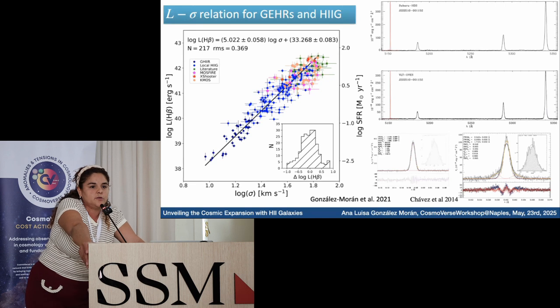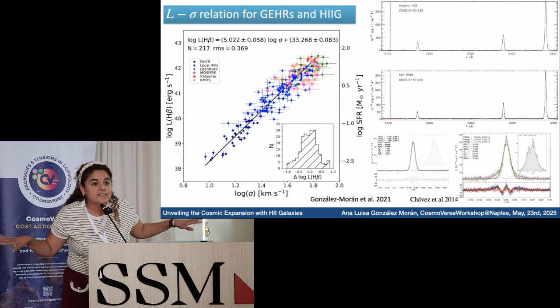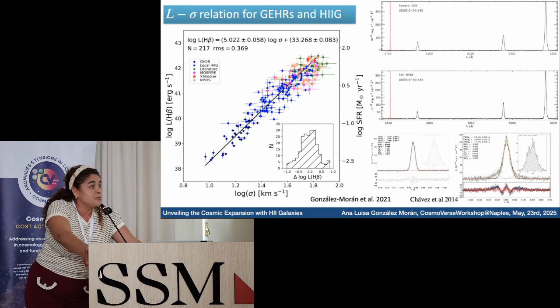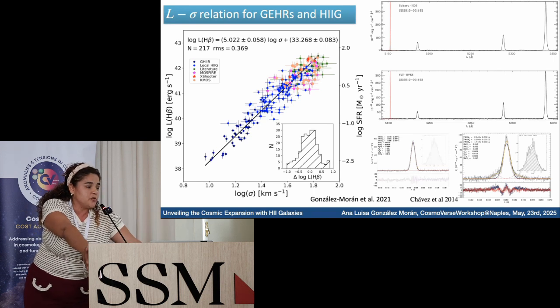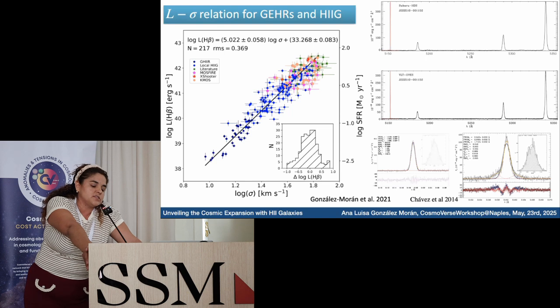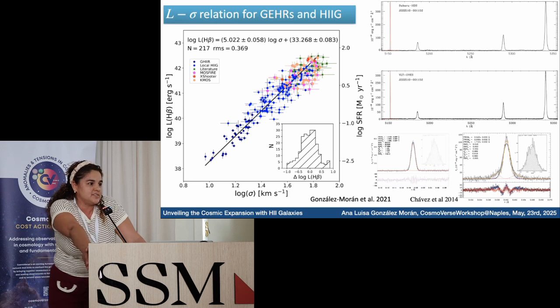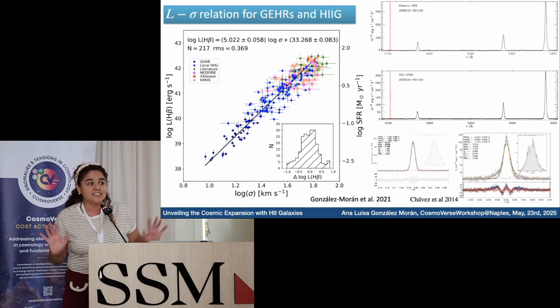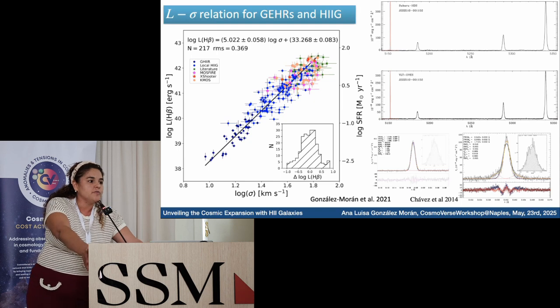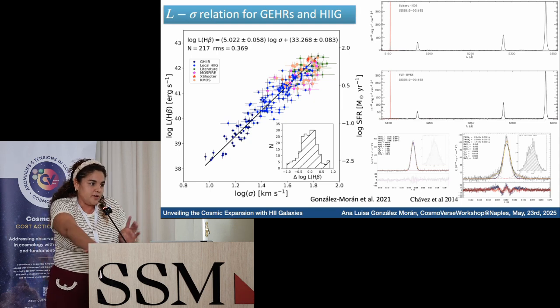However, we can also observe winds in the profiles, and for this reason we are also performing multi-Gaussian fittings. We believe that these winds exist because in the H2 regions we have OB stars, and these stars eject material into the medium, and for that reason we have winds.